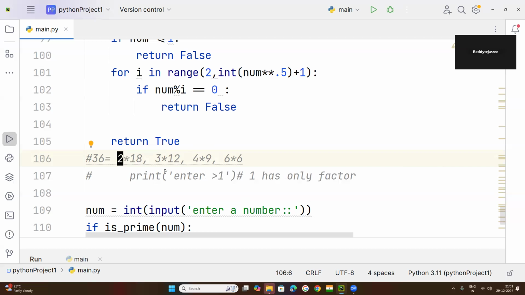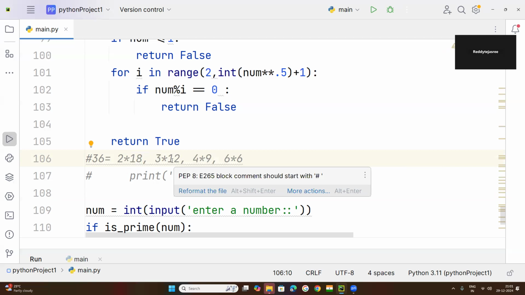So at this moment, what we need to check back? If 6 is the square root, no need to check the other factors 9, 12, 18. Okay. Why? Because already they are paired with small numbers, small factors.